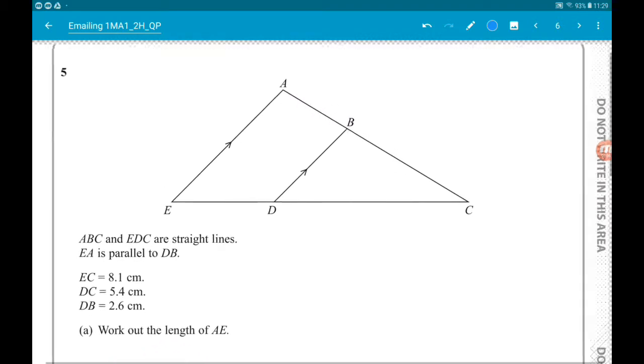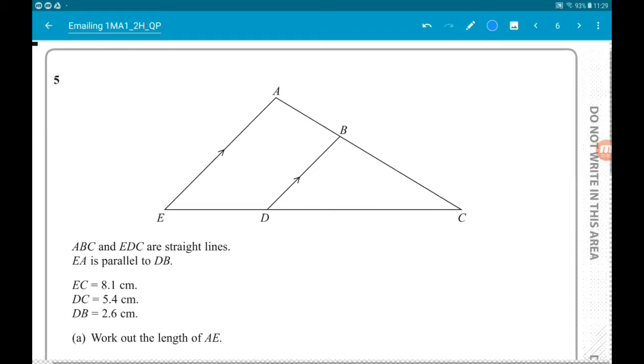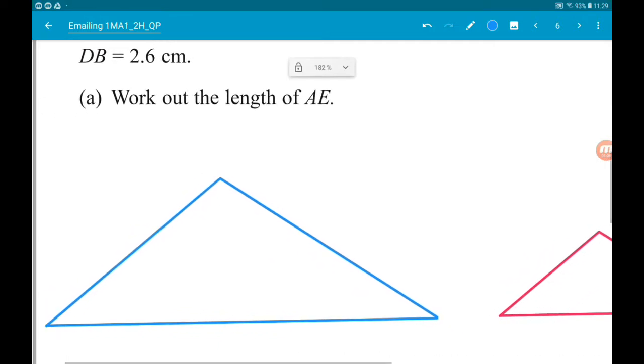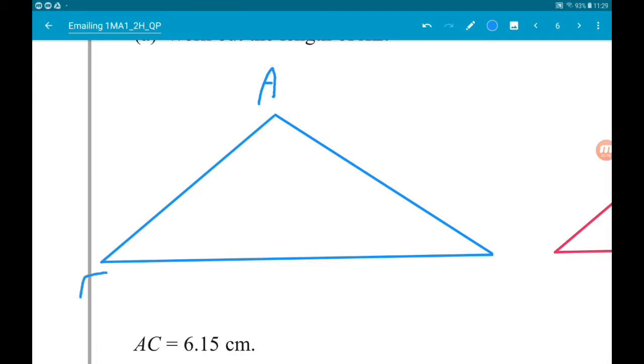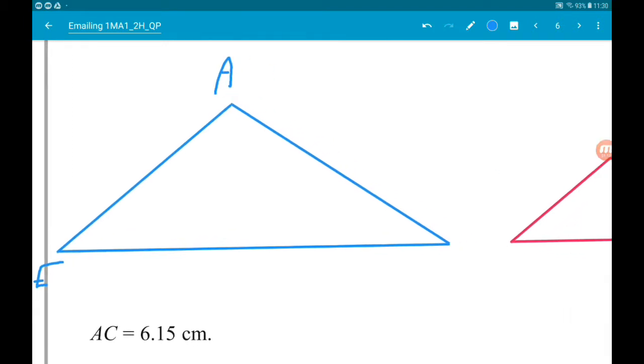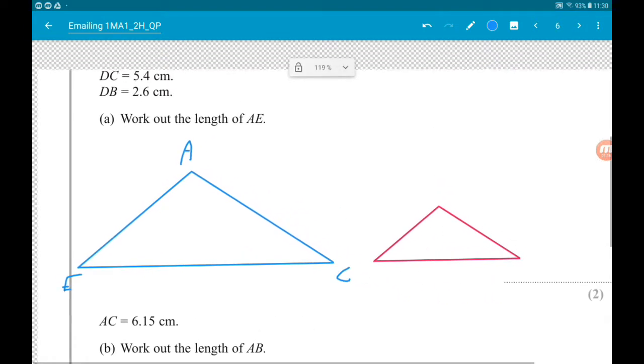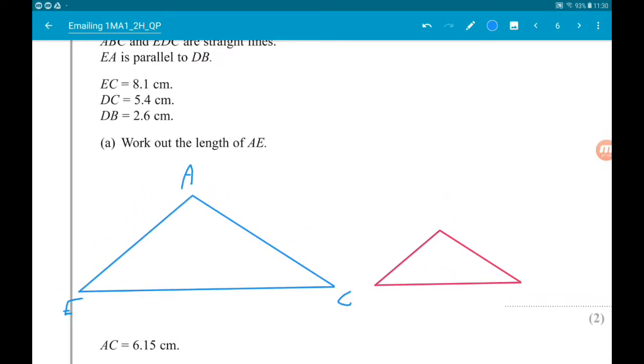So the big one is AEC. And the lengths of that one that we know are EC is 8.1, and that's all we know on the big one.